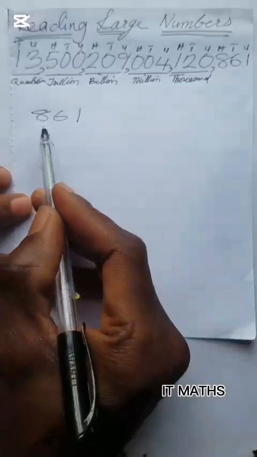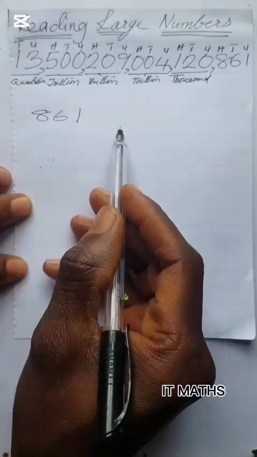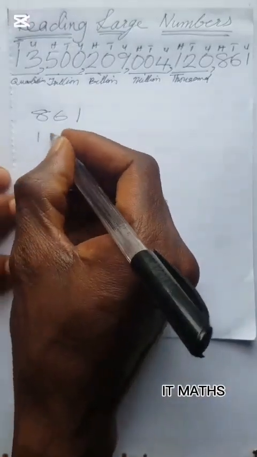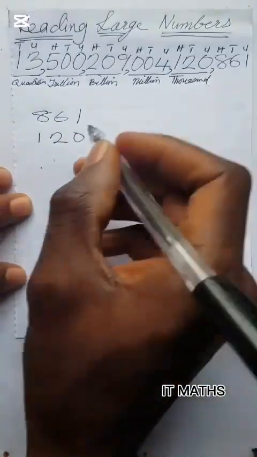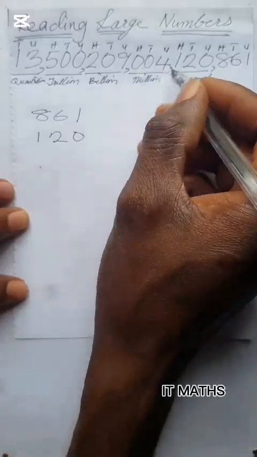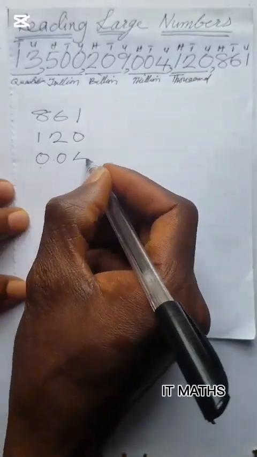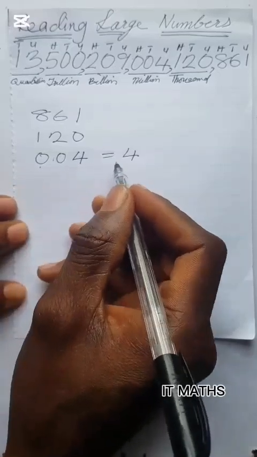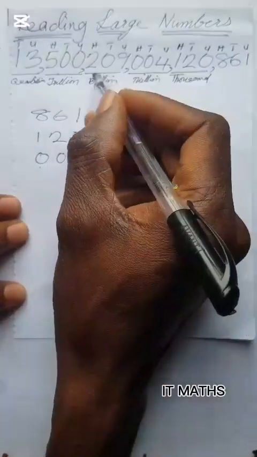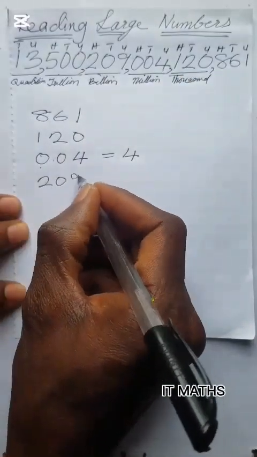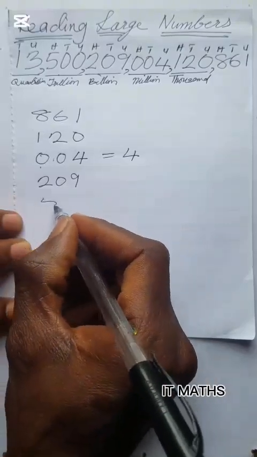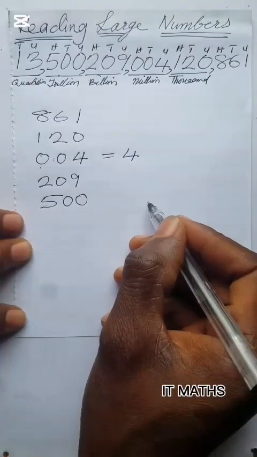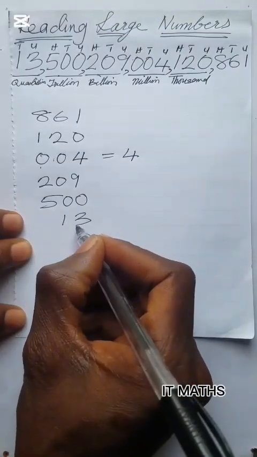What is 861? 861. What is 120? The next one. 120. What is this? Of course, this means 4. Zeros in front of a number do not count. What is this? 209 is 209. 500 is 500. And 13 is 13.